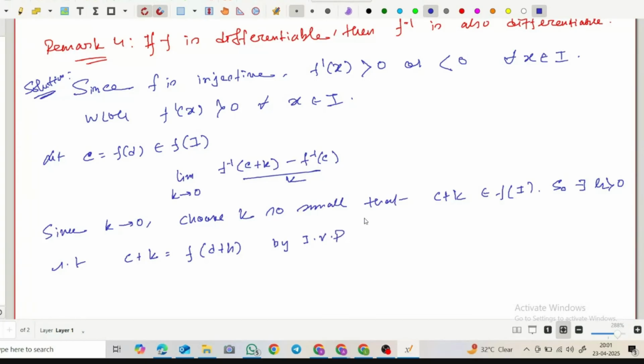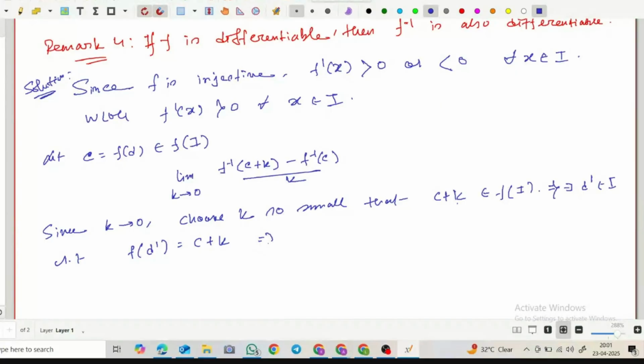Is this line clear? I am just taking this, I mean, c plus k is in f(I), right? So c plus k has a pre-image. Let's simplify it even further. This implies there exists d prime belongs to I such that f of d prime is c plus k.